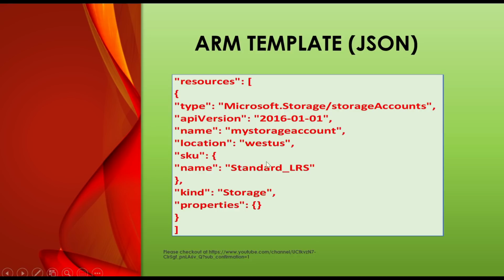The kind is storage, and that's all. So what happens when you kickstart this JSON file? A storage account with the name my storage account in the region West US with standard locally redundant storage is created. So it can happen automatically.